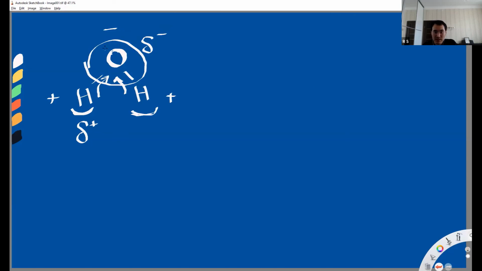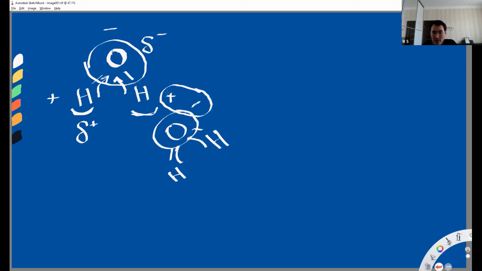So if you take this model and assume another part, let's say like this, in this molecule we have the same redistribution of the electrons, so everything goes to oxygen, and this part becomes negatively charged, and these two guys, plus and minus, kind of get together, and that's what we call hydrogen bond.